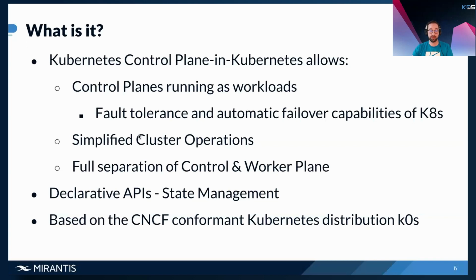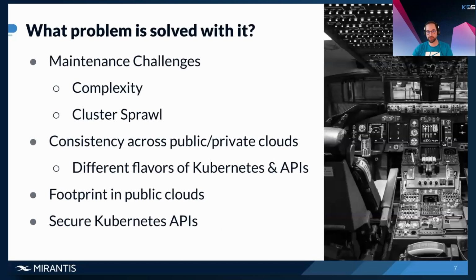Let's have a look into the problems we see with customers. When we talk to customers, of course, before they go with k0smotron, what problems can it solve? First of all, what we hear very often is that customers or enterprises out there have maintenance challenges. So it gets very complex to manage all the different Kubernetes clusters that are out there.